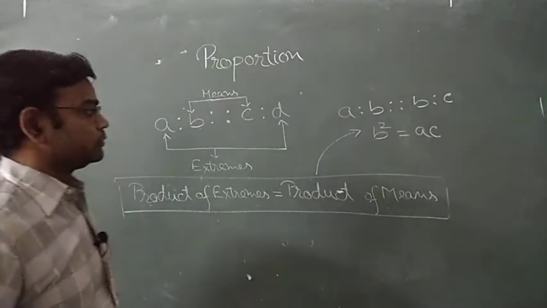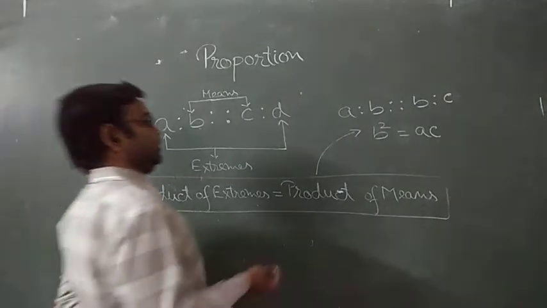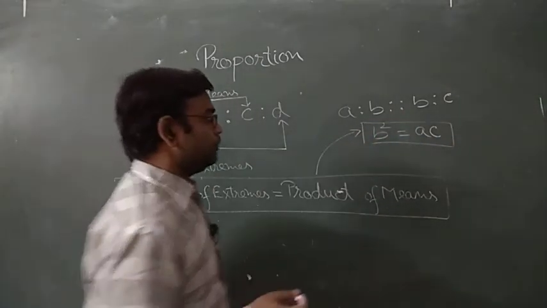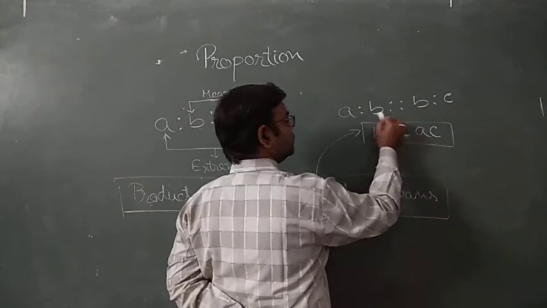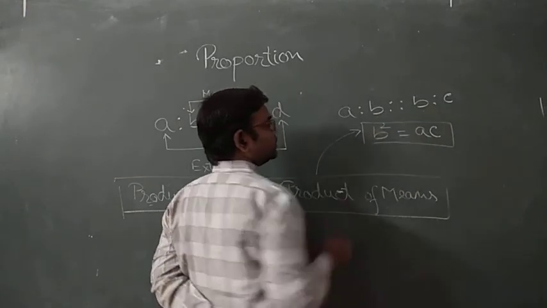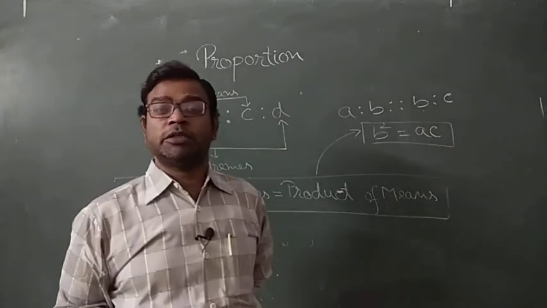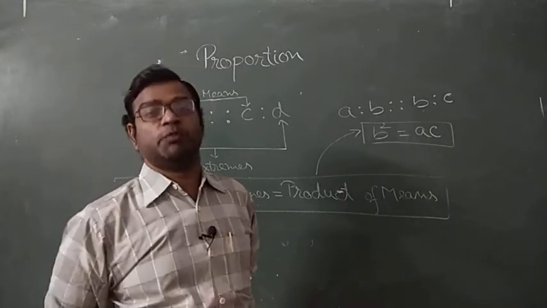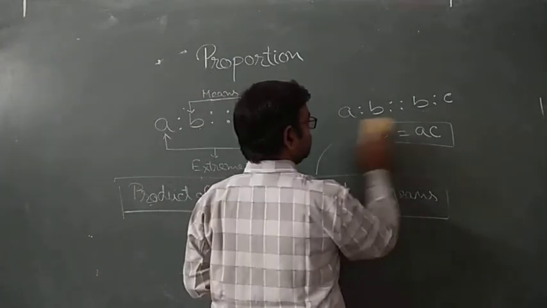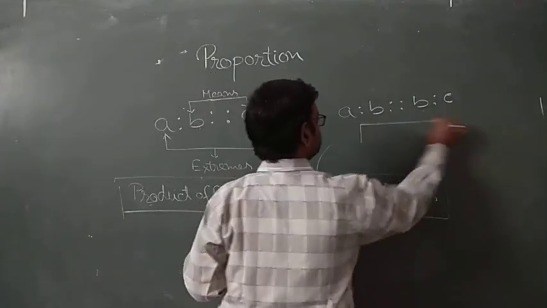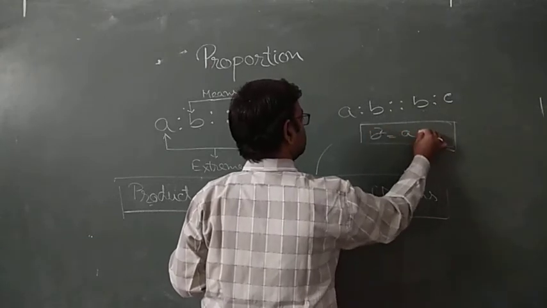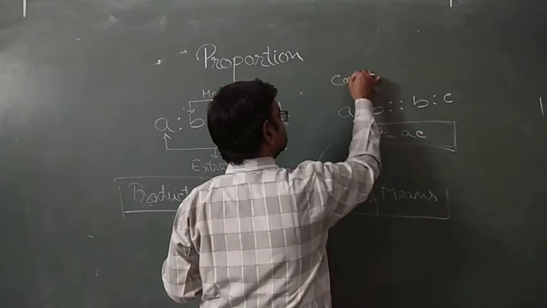This is one of the other formulas. If there is one term, one number, repeated in both means, this type of proportion is known as continuous proportion.